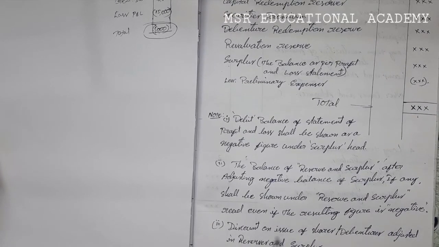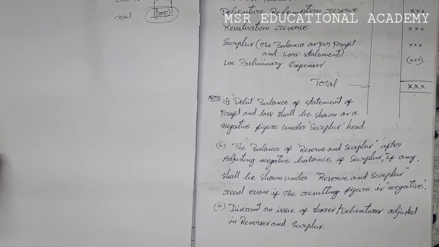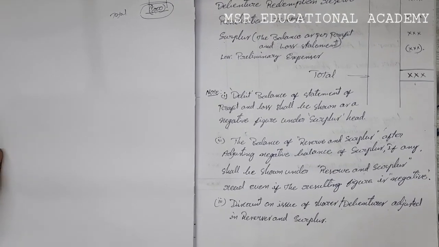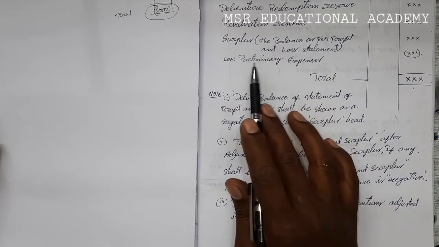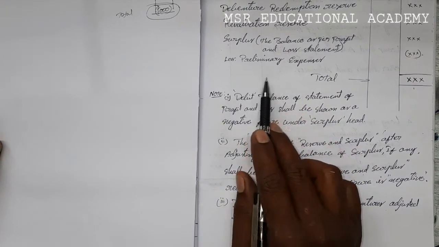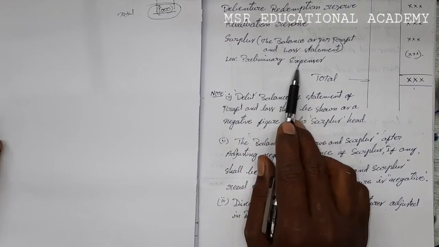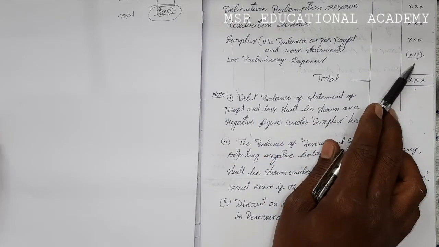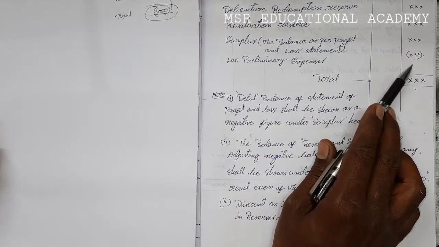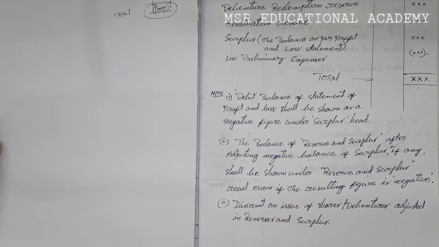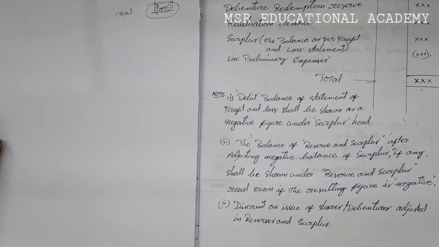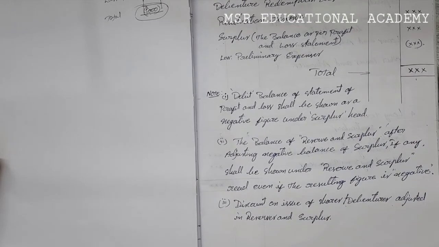And discount on issue of shares and discount on debentures are adjusted in reserves and surplus also. Very important point. Not only preliminary expenses, if there is any discount on issue of shares and discount on issue of debentures, you should write that discount amount as a negative value under reserves and surplus. That amount we can simply deduct from the liabilities amount.